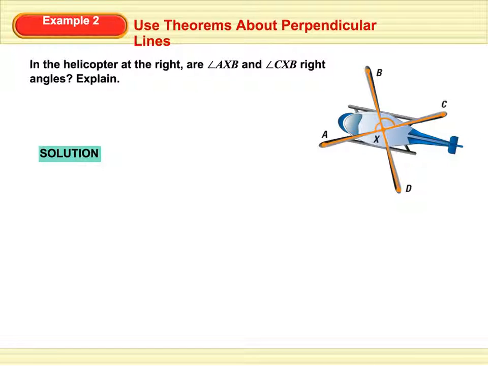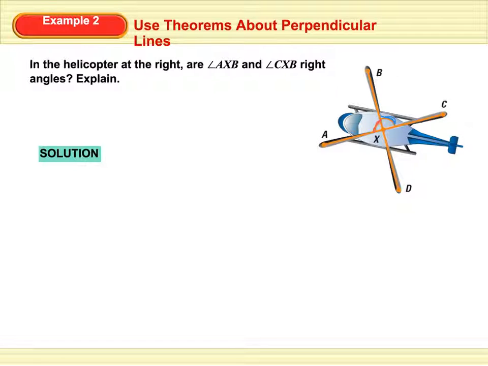Here's an example. Let's see how we can use theorem 3.3 and 3.2. It says in the helicopter at the right are angle AXB, which is this angle here, and angle CXB, which is this angle that I just marked with blue ink. Are they right angles? Are they 90 degrees?